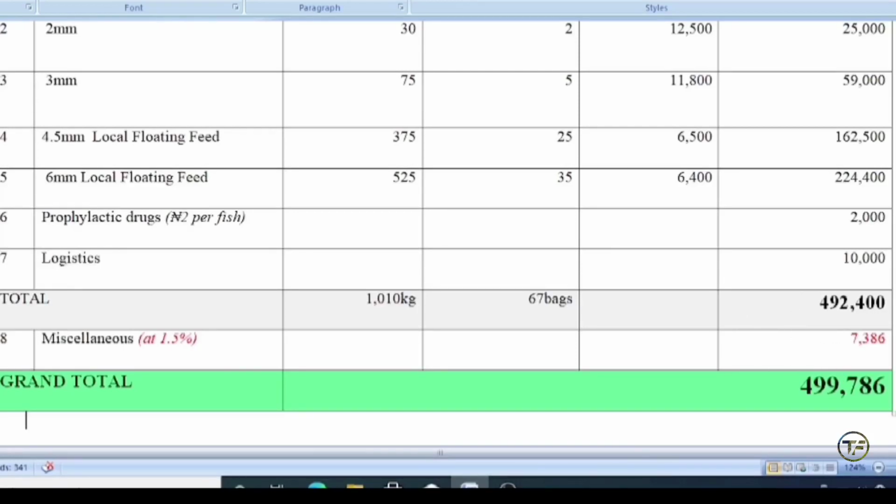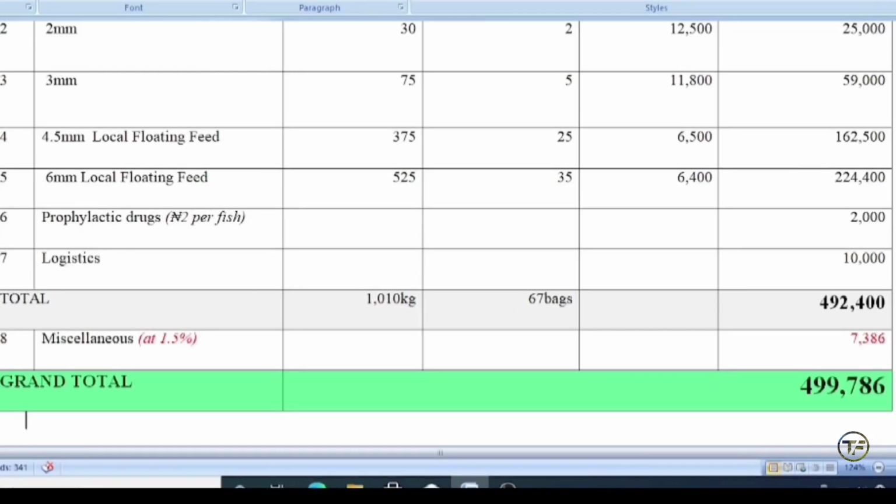Also most times it might go to logistics depending on where you are or the distance of your farm from the feed vendor or the market where the feed is being sold. So that is it basically on the total cost of feeding.